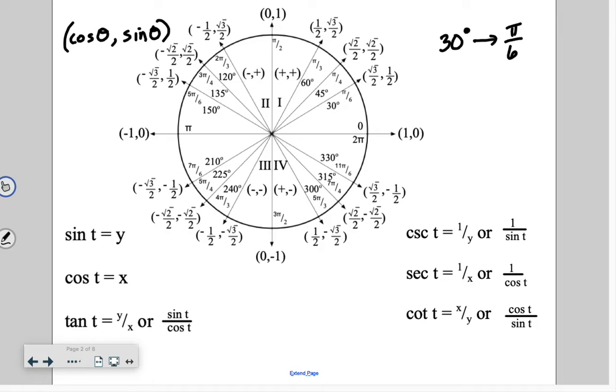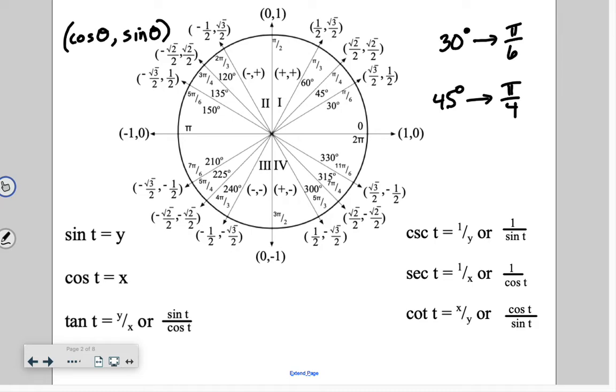That's one pattern. You've got every 30 degrees being one pattern. The other pattern is every 45 degrees is another pi over 4. Every 45 degrees is another pi over 4. Same idea, just a different denominator. So if you take a look, 45 degrees is pi over 4. If you add another 45, you're at 90.